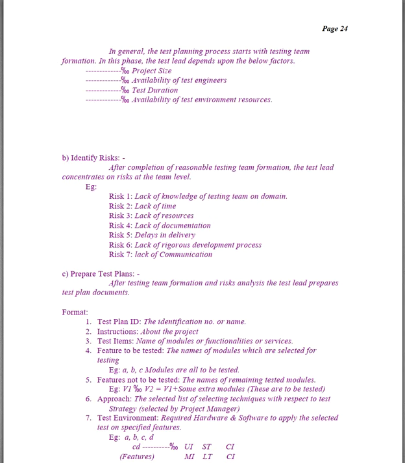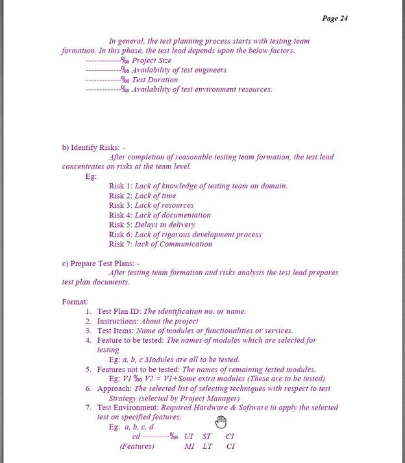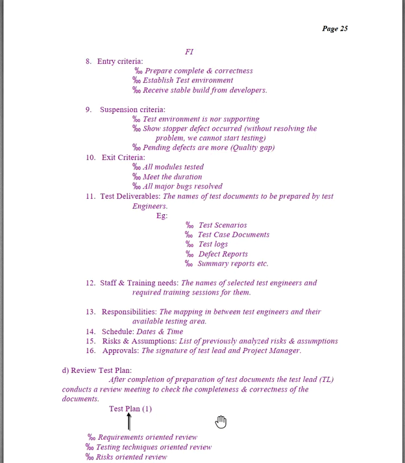Then we will be preparing the test plan. So actually there will be the test plan ID, the introduction, the test items, then the features to be tested, features not to be tested, those that are out of scope, the approach that we are going to use, and which environment we will be using. Then what is the entry criteria? So actually the completeness and correctness, and then the test environment.